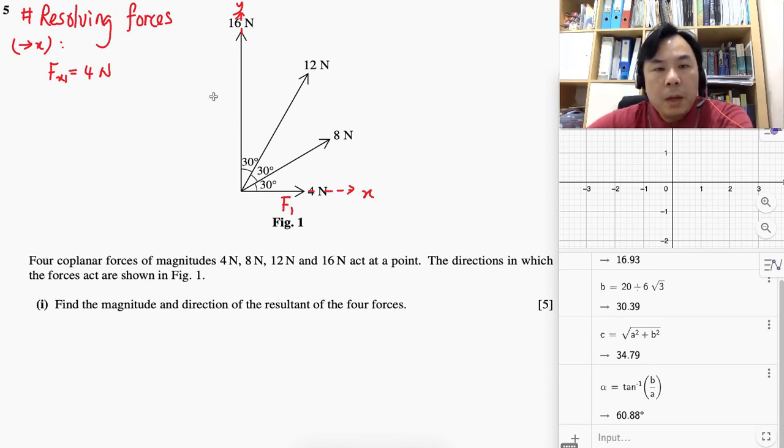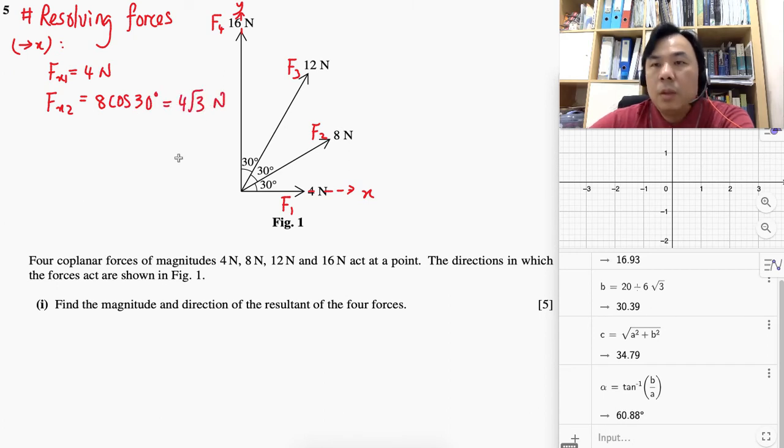Then the second one, this is F2, this is F3, and then you have F4 here. The second one will be Fx also, because we are dealing with the x component here. The x component for the second force is given by 8 cos 30, which is actually 4√3 Newton.